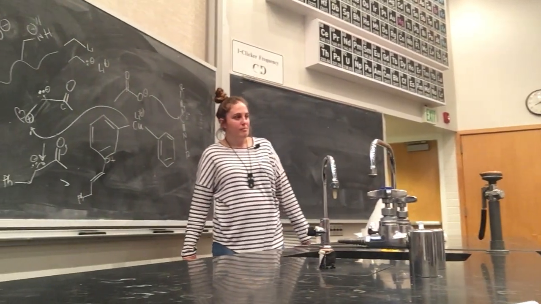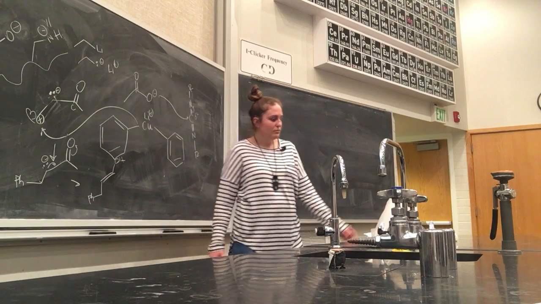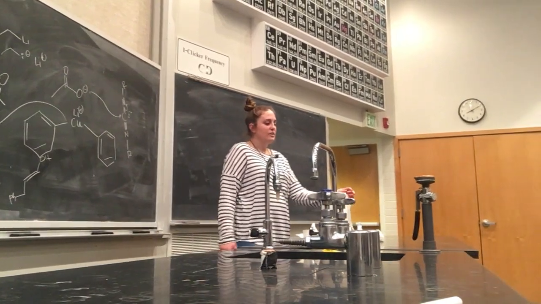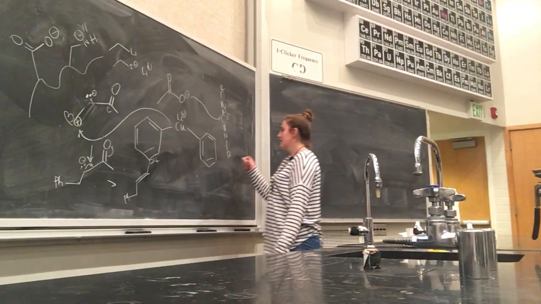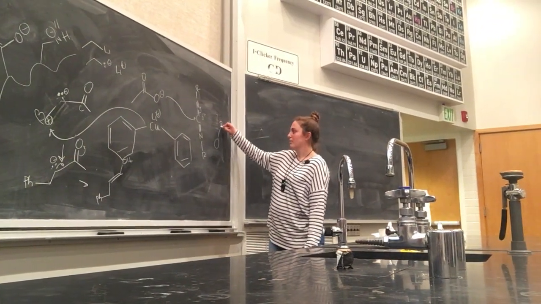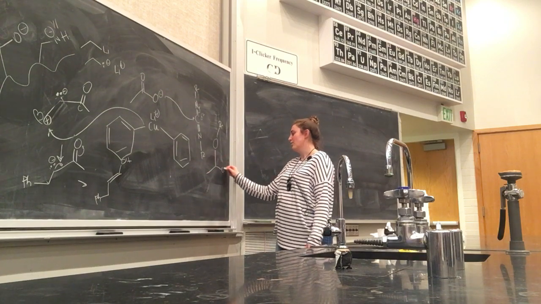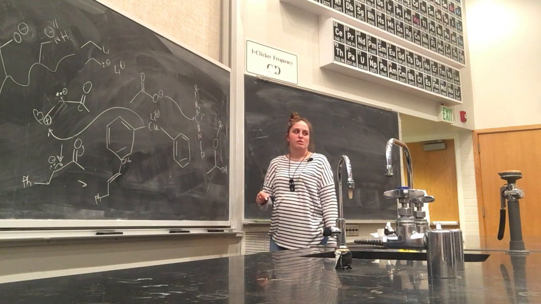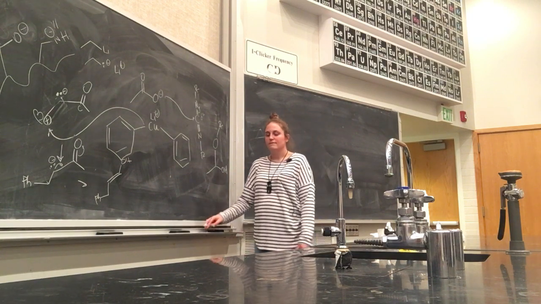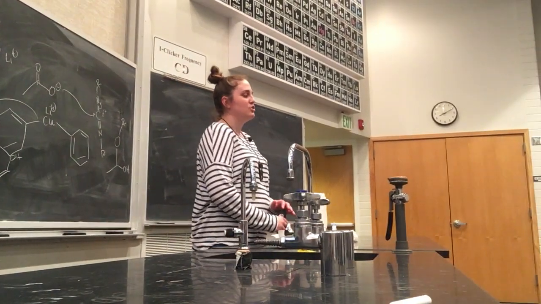Yeah? You have a question? It's probably a really dumb question. I know you talked about it. A hemiacetal is where it's an alcohol group, an O bonded to an R group, and then the next carbon is bonded to an OH. So it's not two alcohol bonds.